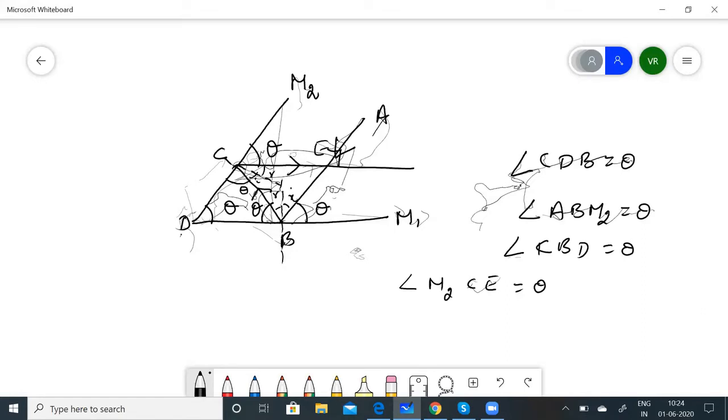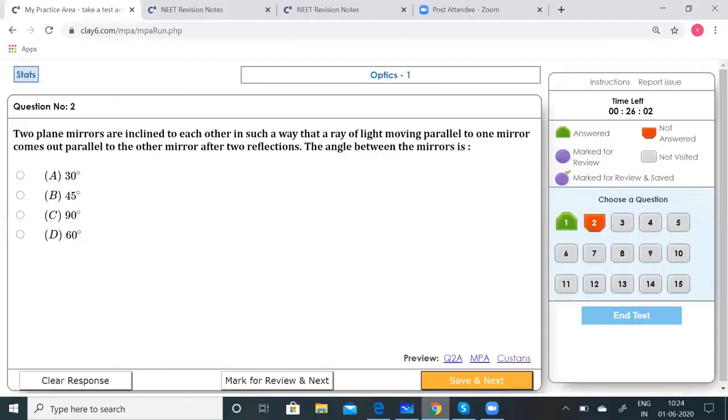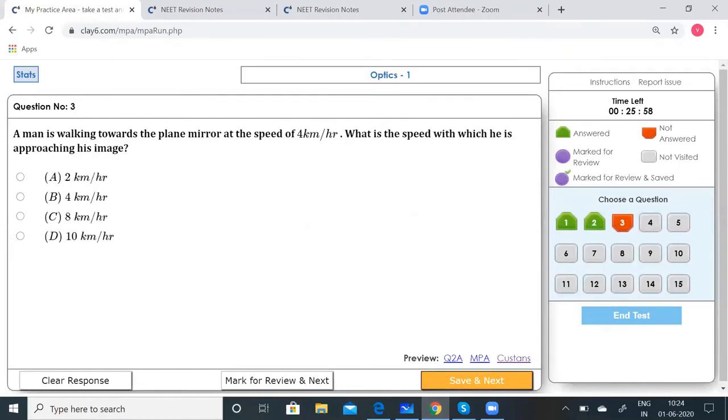That is, angle DCB is also equal to theta. Now consider the triangle CDB. You can see theta plus theta plus theta is equal to 180 degrees, or 3 theta is equal to 180 degrees, or theta is equal to 60 degrees. So the angle between them is 60 degrees. Let's see which option is correct. 60 degrees, D option is correct. Save that, go to the next.